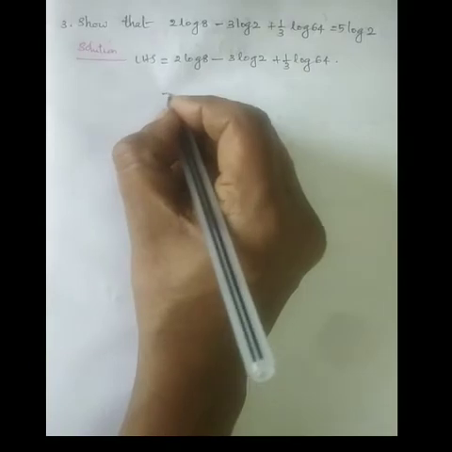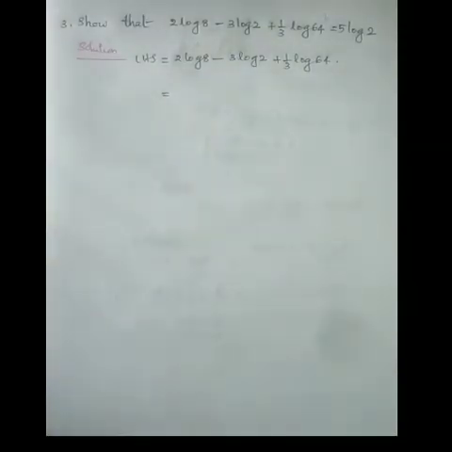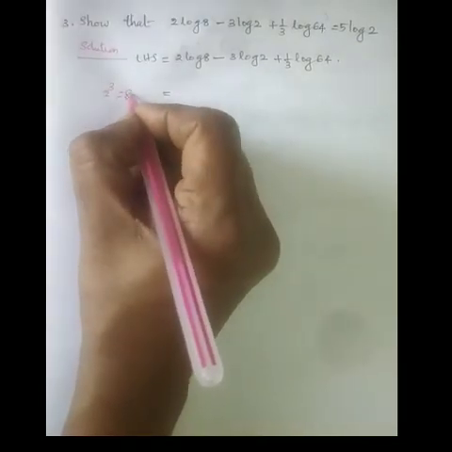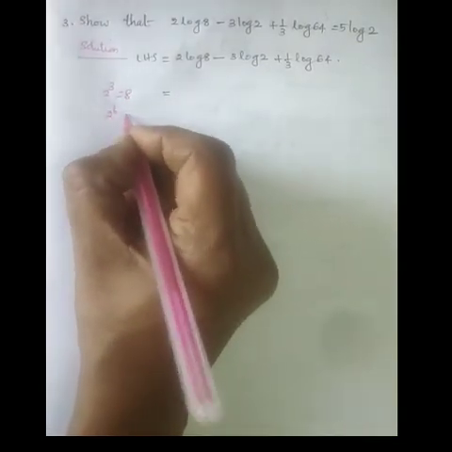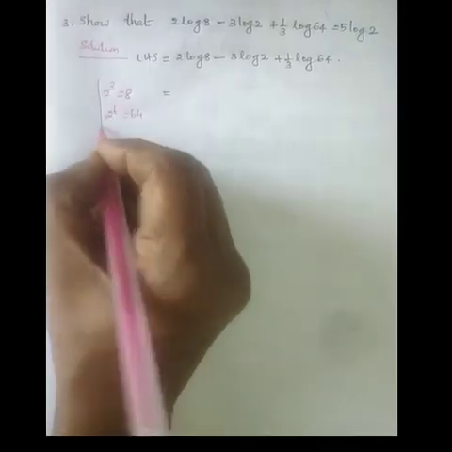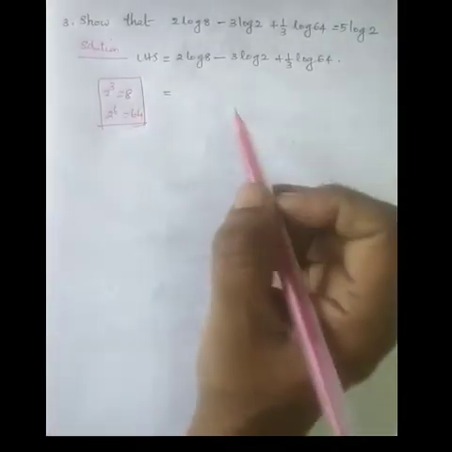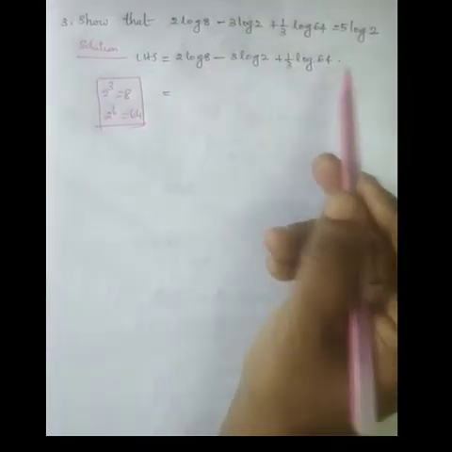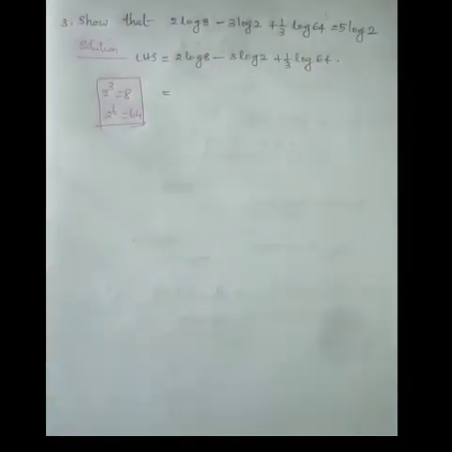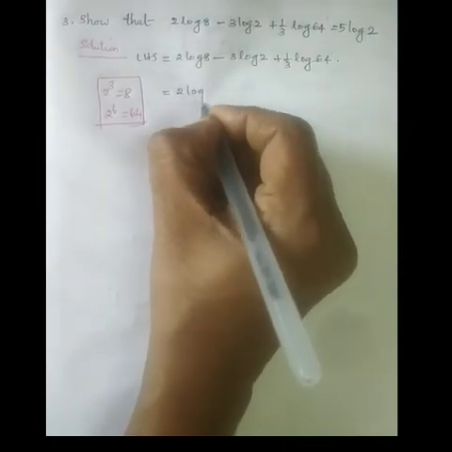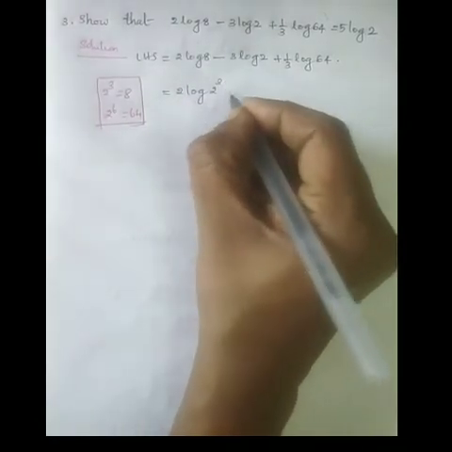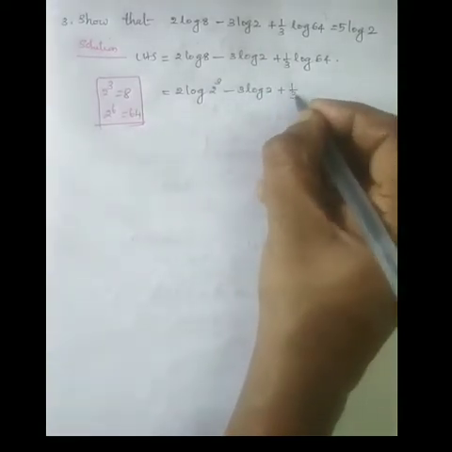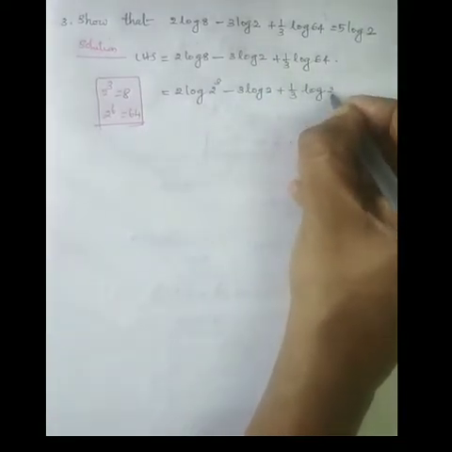We know that 2 cube equal to 8 and 2 raised to 6 equal to 64. Replacing these numbers, we get 2 log 2 cube minus 3 log 2 plus 1 by 3 log 2 raised to 6.